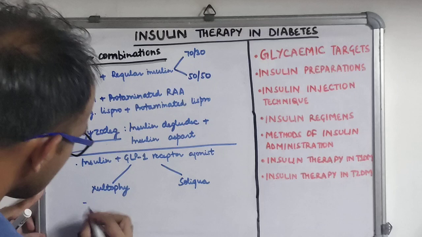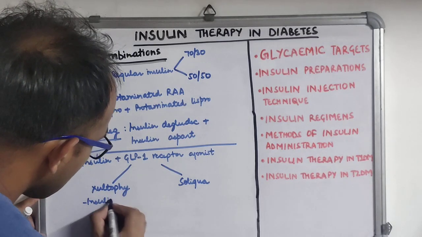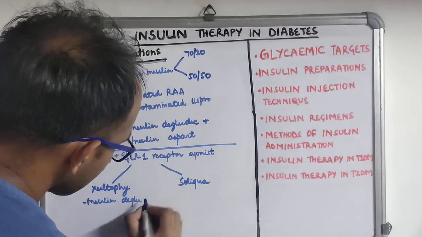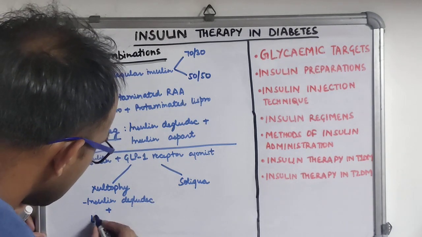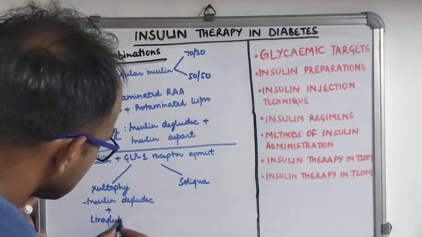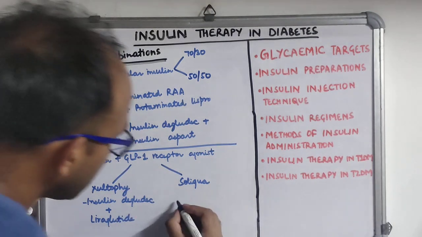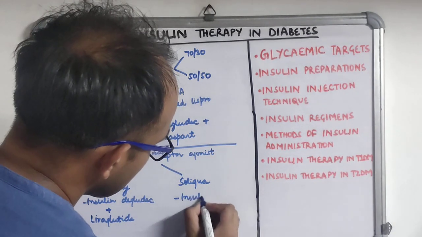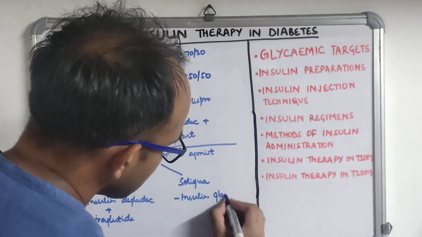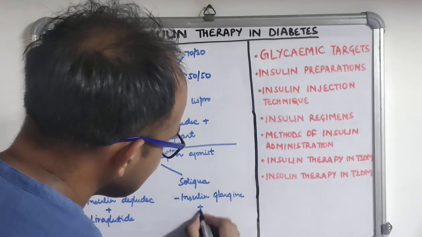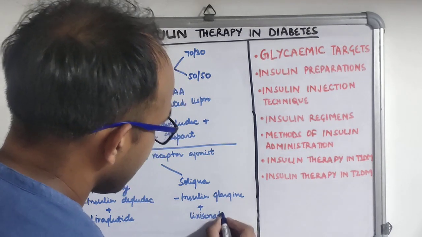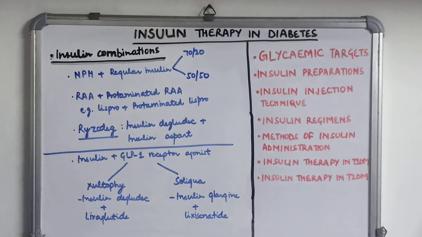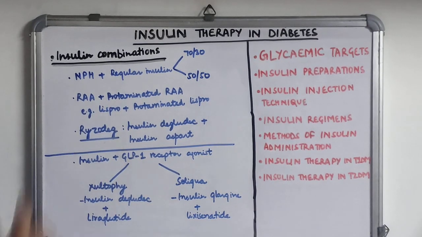Xultophy includes insulin degludec plus liraglutide, and Soliqua includes insulin glargine plus lixisenatide. So again, a single daily injection is required. So these are a few new injectable drug therapies for the treatment of diabetes.